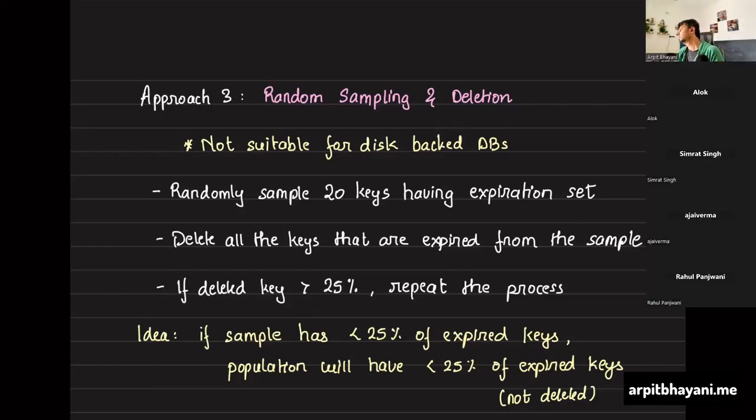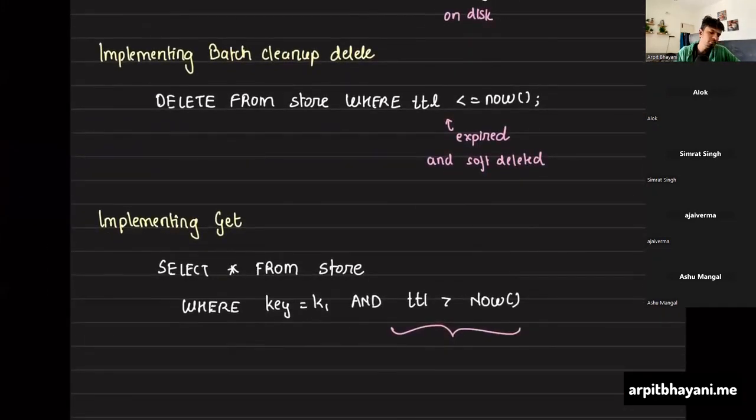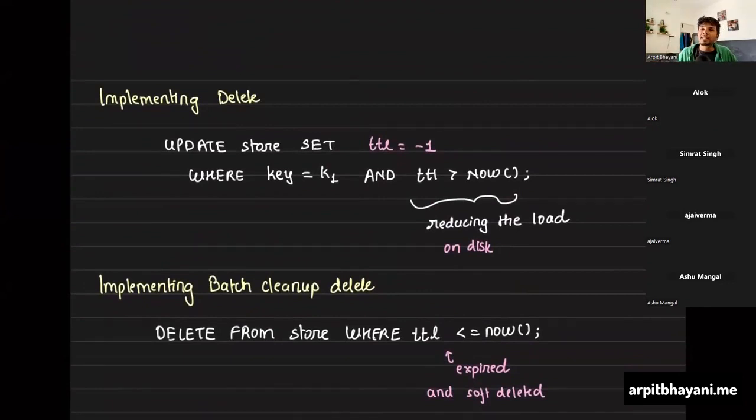Hi, Arpit. So in soft delete, we are updating TTL to -1. We are not deleting the entry, because batch cleanup is doing that for us. But within one operation, instead of an update, we can delete the entry, right? Here, if you delete, B+ tree rebalancing happens. Every time you delete, your B+ tree may go out of shape.